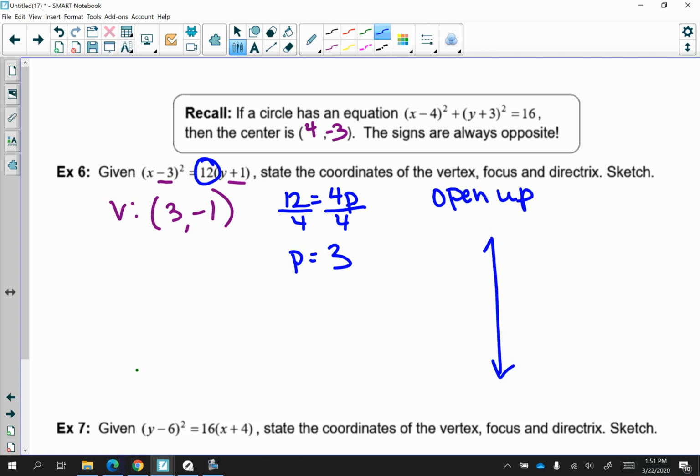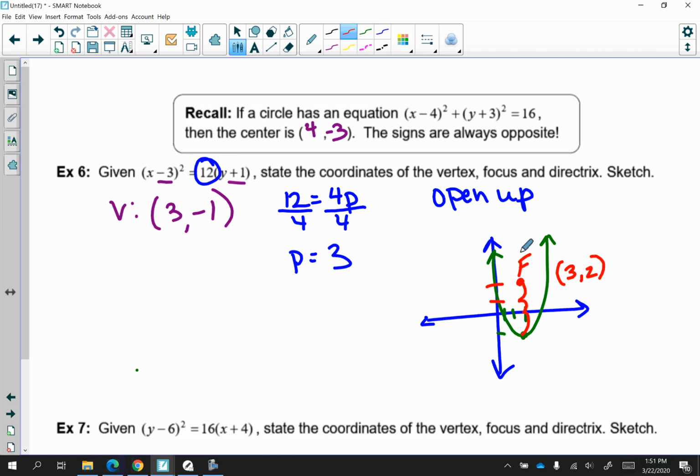So when I draw in my parabola, I'm at 3, negative 1, and I'm opening up. Now, because I know my p-value is 3, I'm going to move up 3. 1, 2, 3 to this point, which would be 3 comma 2.